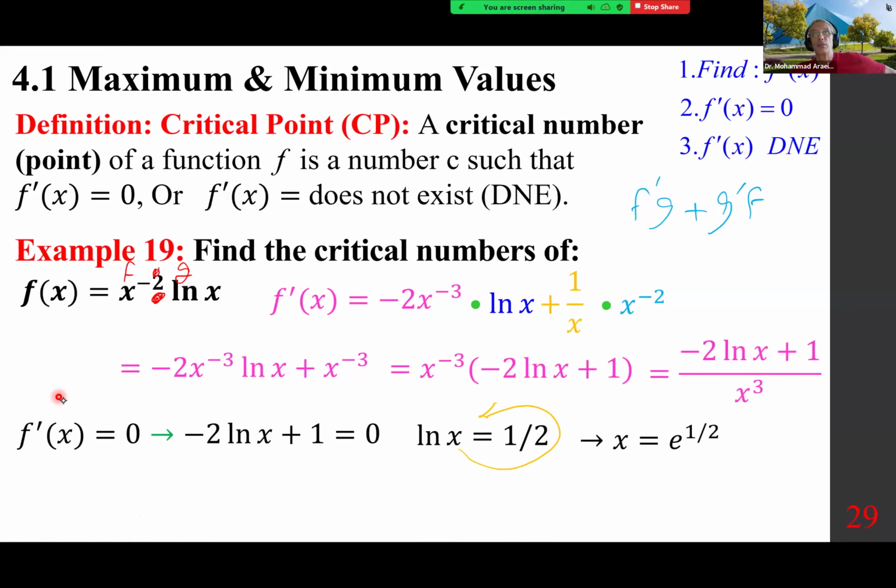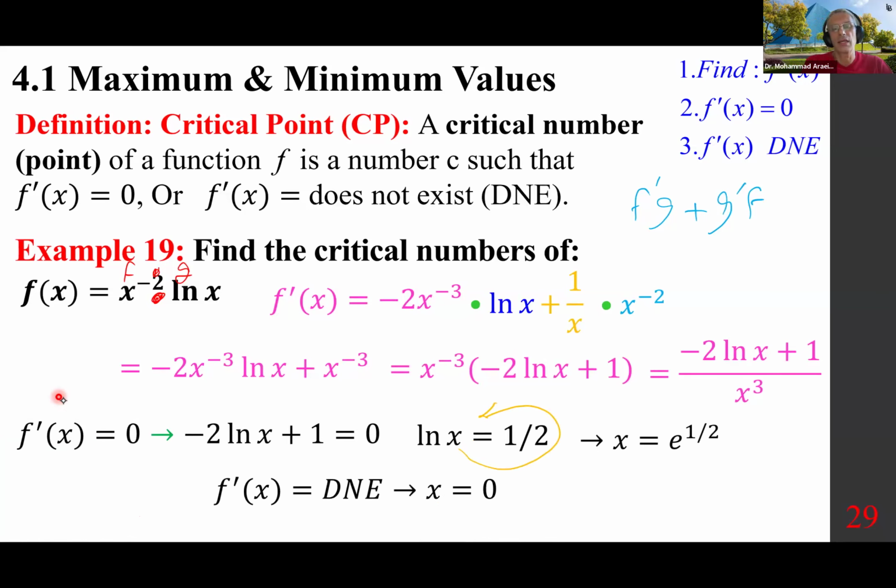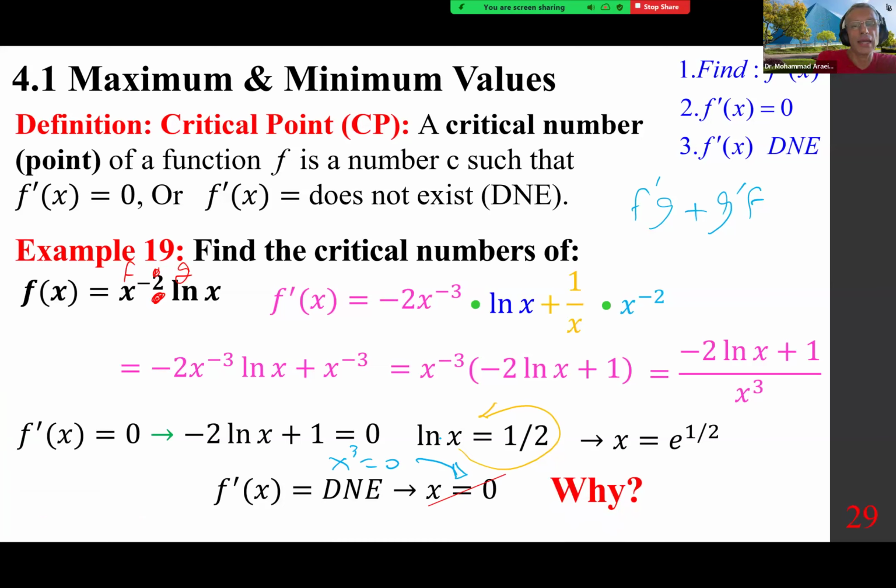Now, f prime does not exist. In that case, x cubed, the denominator, is 0, which results in x being 0. However, that's not an acceptable answer. Why is that? Because if you go back to the original function here, x can't be 0 because it's ln x over x squared.